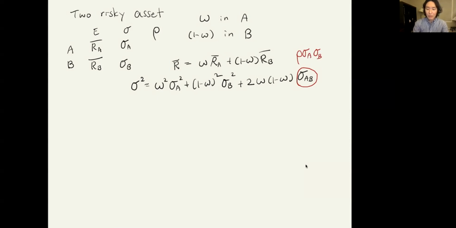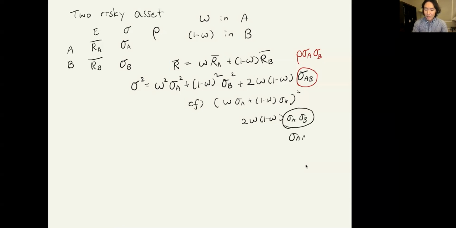This is very similar to, so you can compare this with a simple perfect square. Okay? So it's as if you're expanding it, but instead you have the covariance between A and B. Okay? So they're similar. Okay?